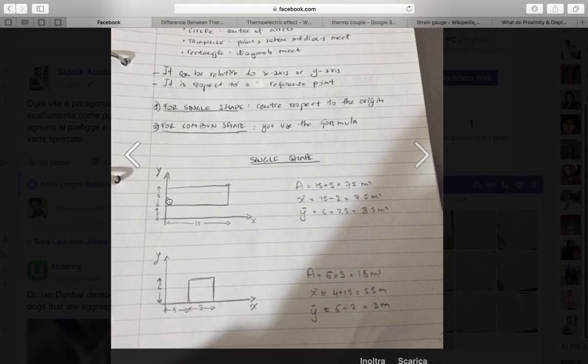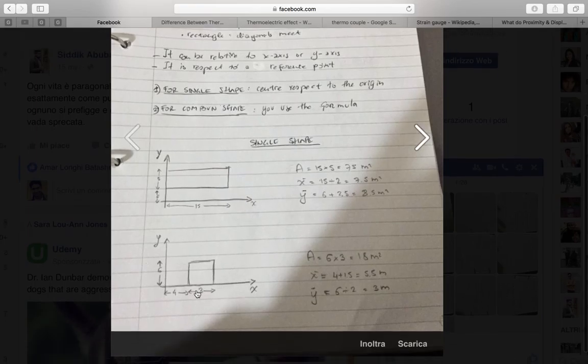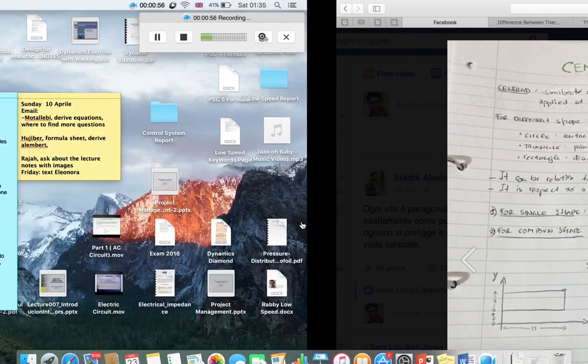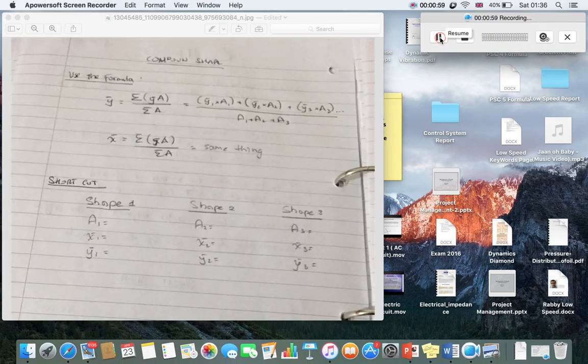For example, here you can see that the centroid for the x-axis is 7.5, but for the y-axis it's relative to the reference, so it's like 6 plus 2.5, which is 8.5. And similarly here the centroid is relative to the origin, so it's like 4 plus 1.5 is 5.5, and in the y-axis it's just 3. So that's all you need to know for this.